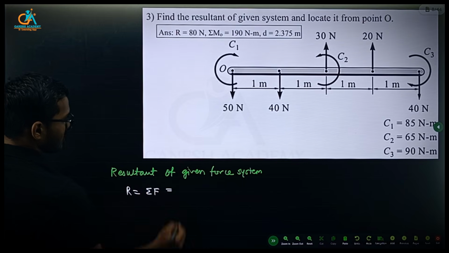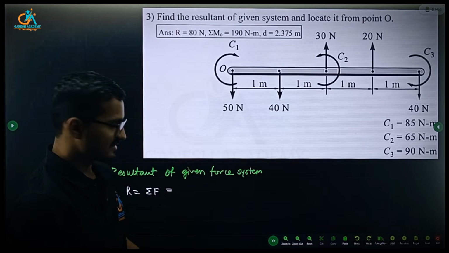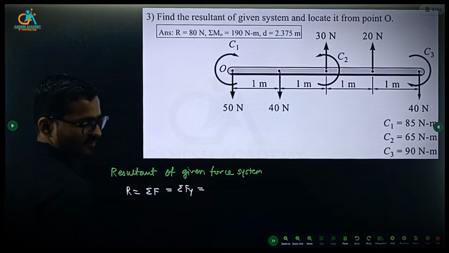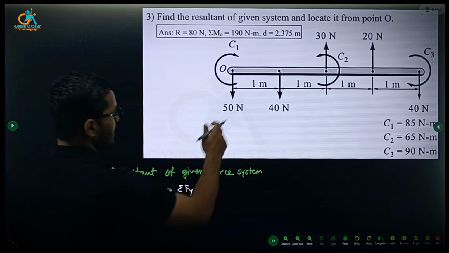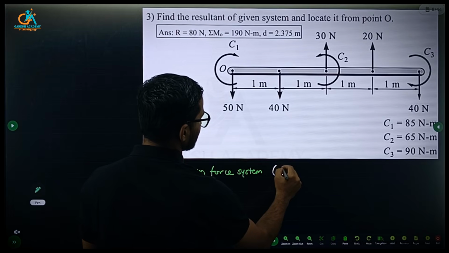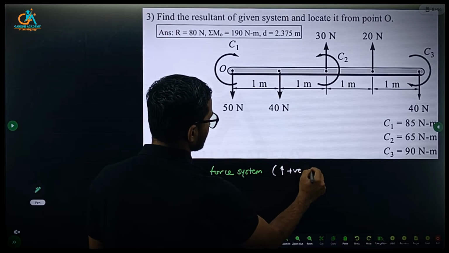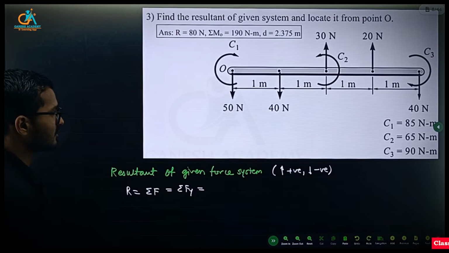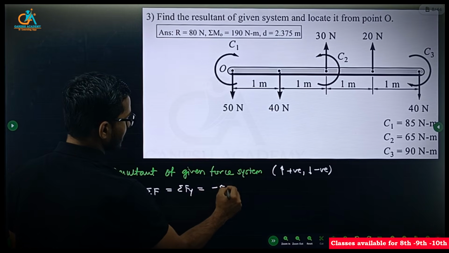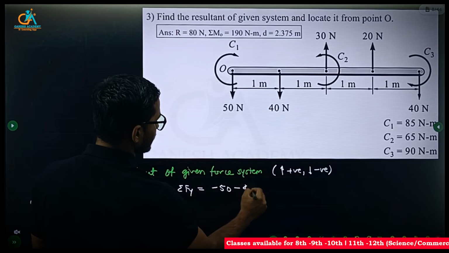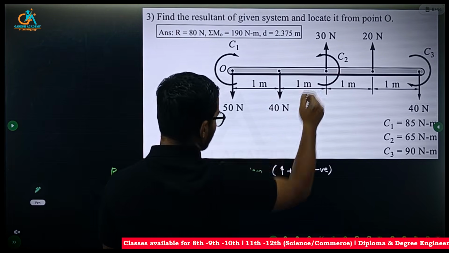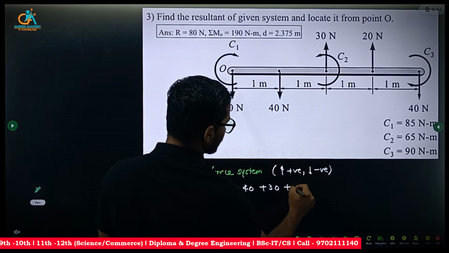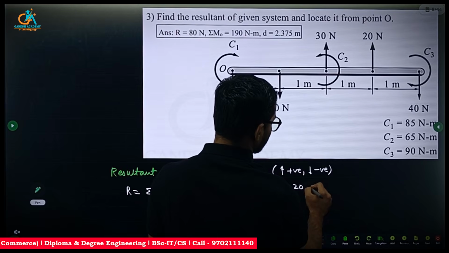Summation of forces. Forces are along y axis only, so obviously, we are going to assume upward forces positive, downward forces negative. So 50 downward, negative 50, 40, negative 40, upward 30, upward 20 and 40 downward.